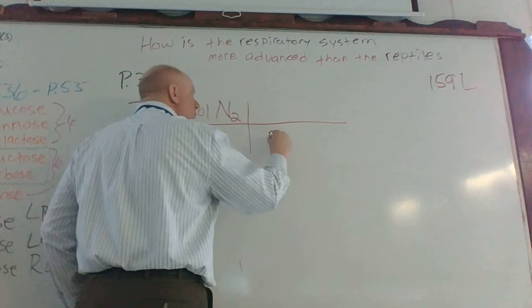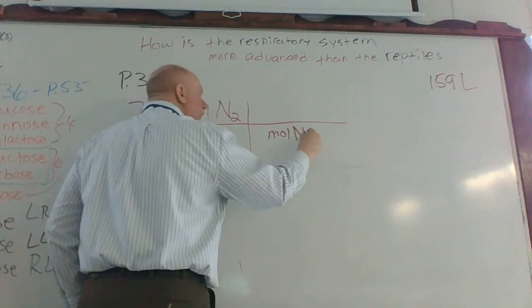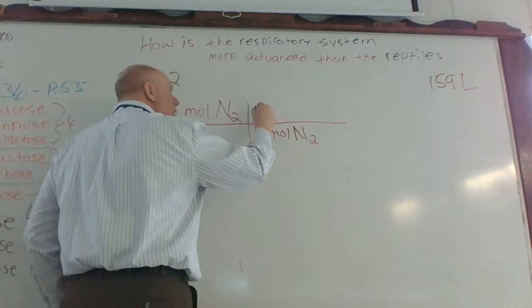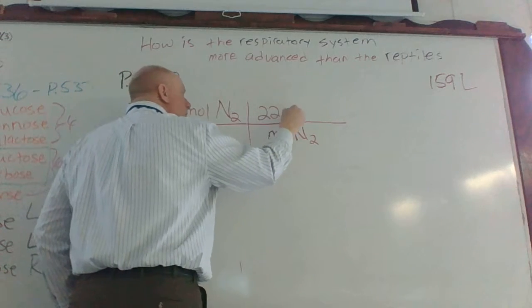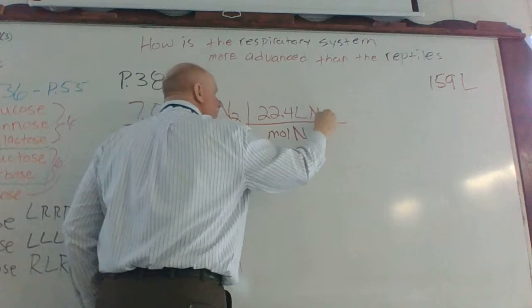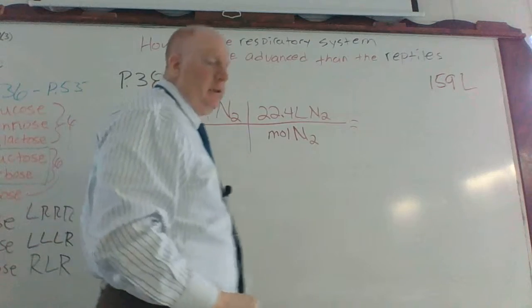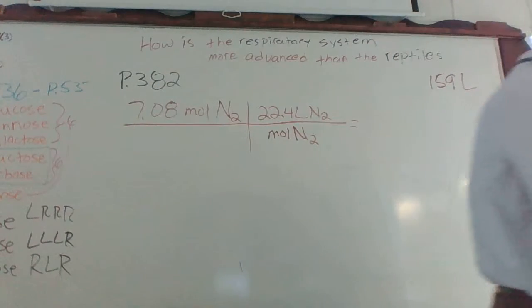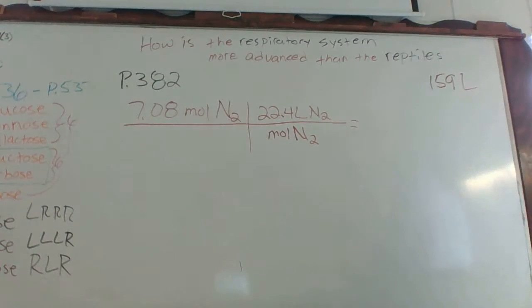So for every mole of nitrogen at STP, we get 22.4 liters of nitrogen at STP. So we go ahead and multiply them out. 7.08 times 22.4. And yes, you get 158.59, which they say round up to 159.